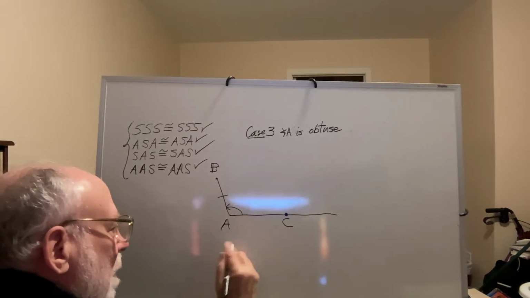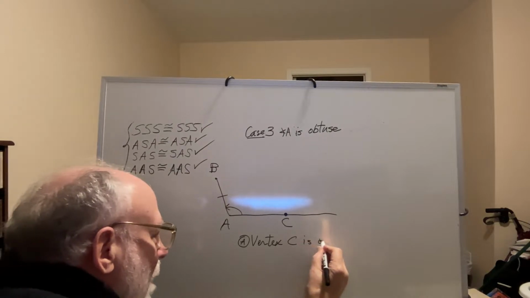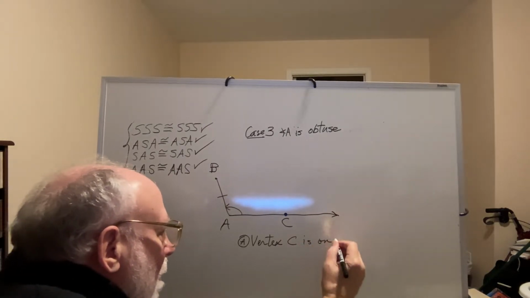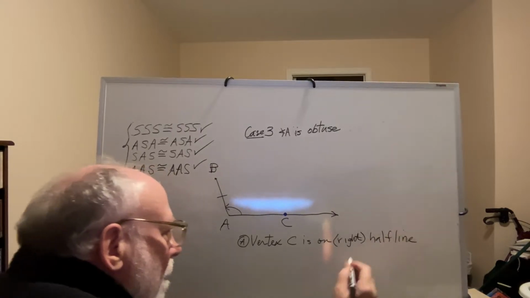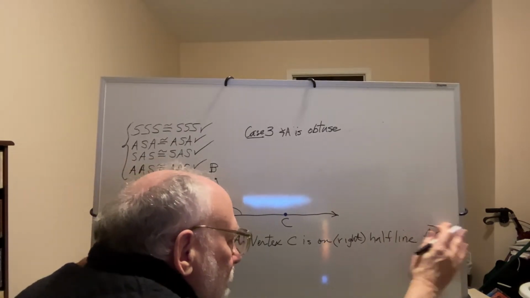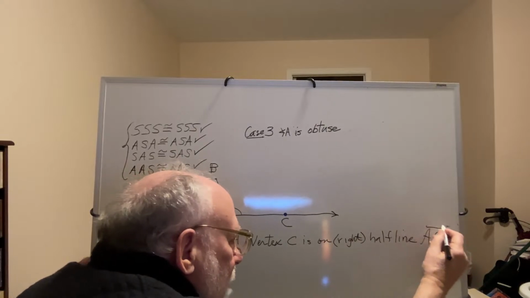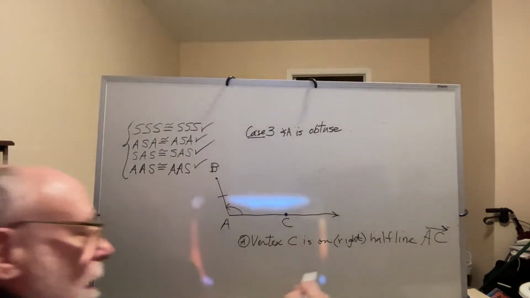Vertex C is on half line AC, on the right half line AC.